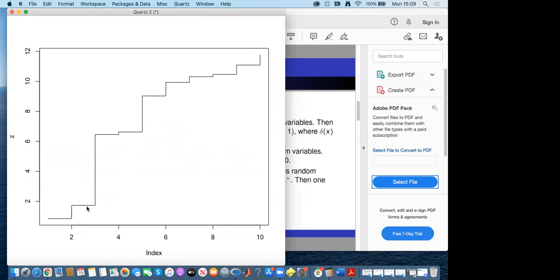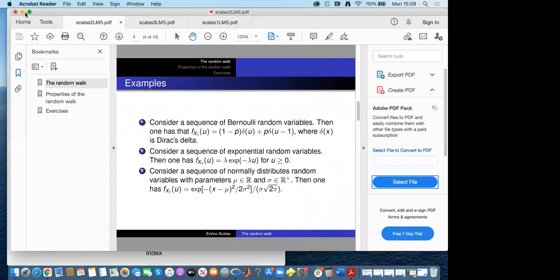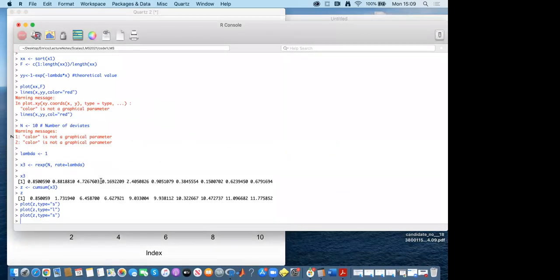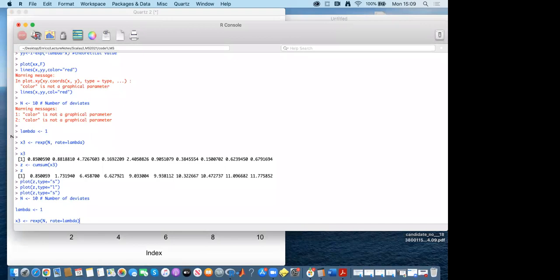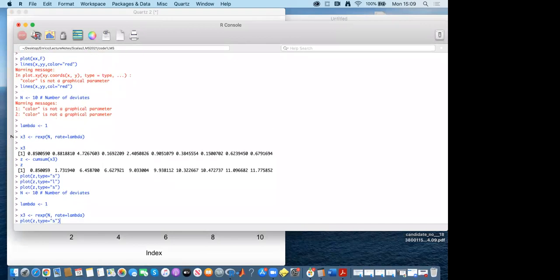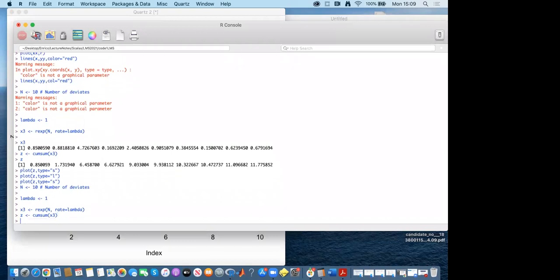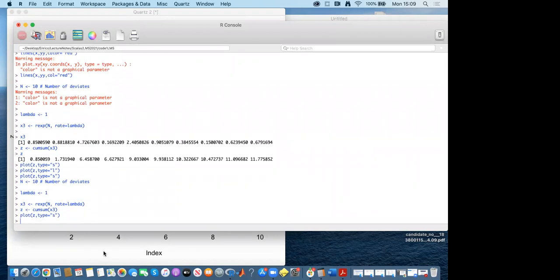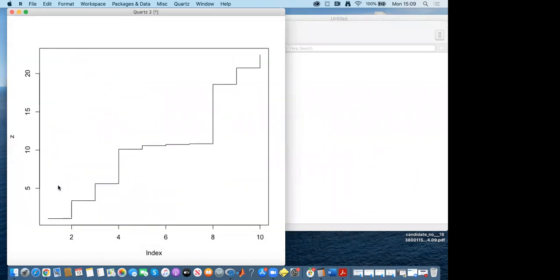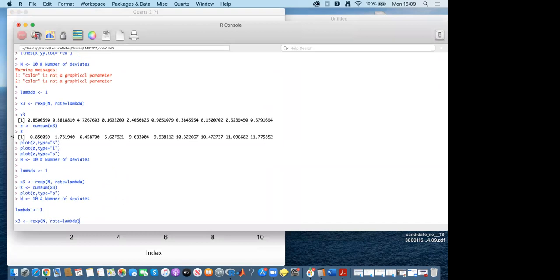Of course, I can run another Monte Carlo simulation if I find the file, or just another x3, another z, another plot. You see, this gives a different realization of the random variable and a different final value, and so on. So I can do it another time.